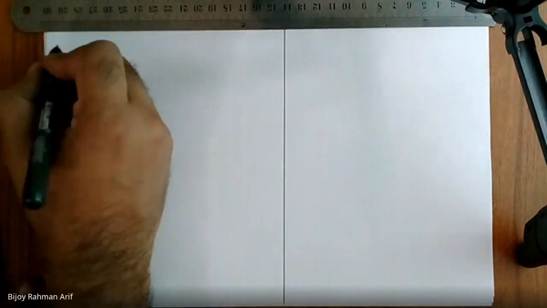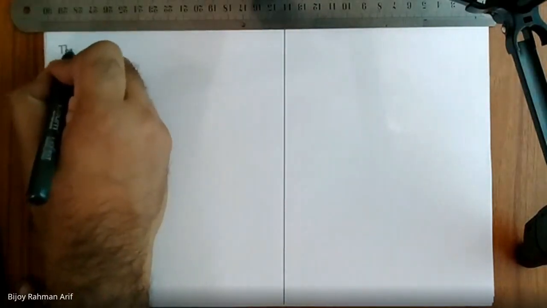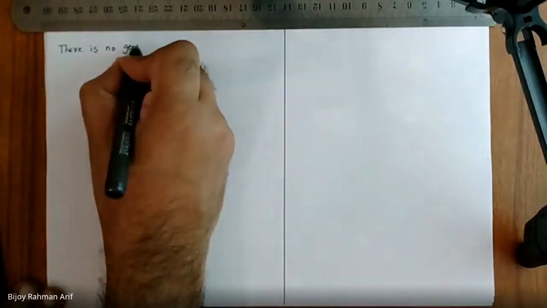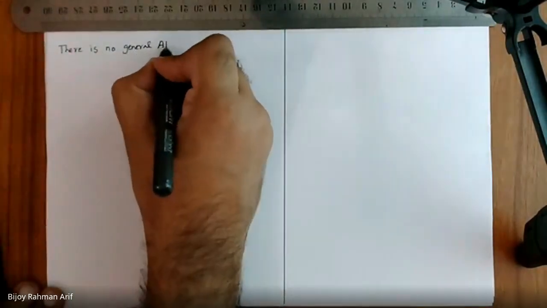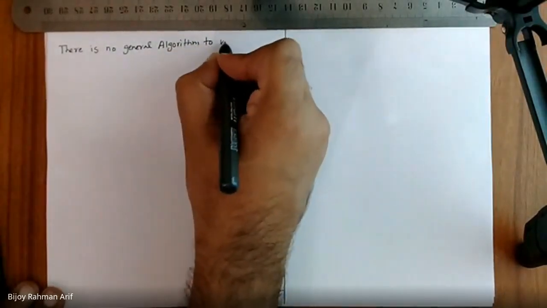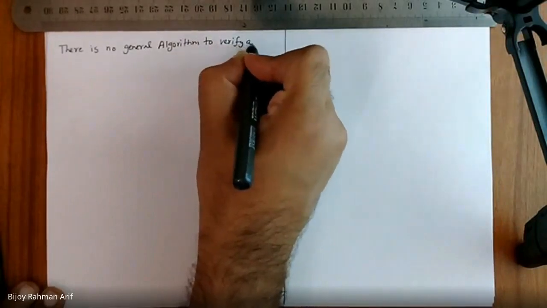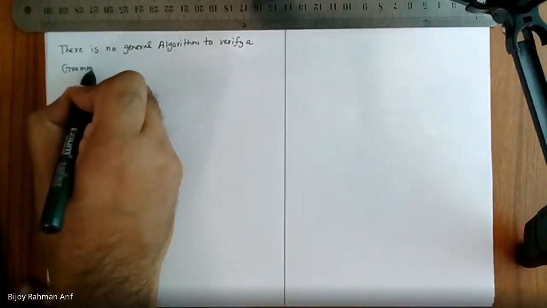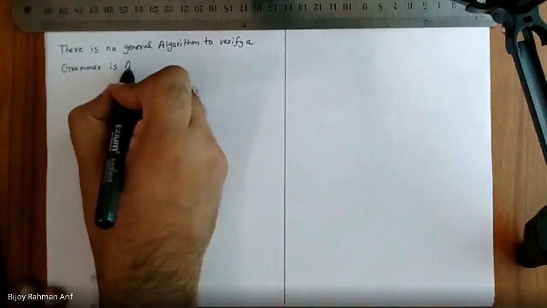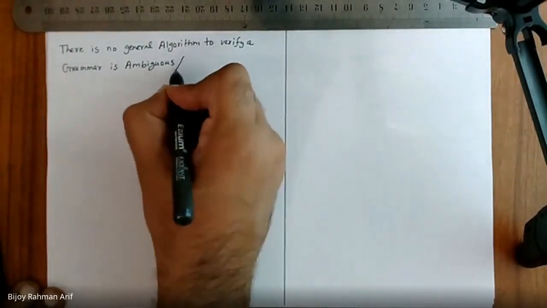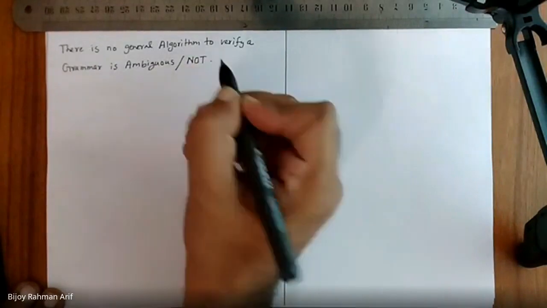So there is no general algorithm to verify a grammar is ambiguous or not. So how can you come up with an answer that a grammar is ambiguous?